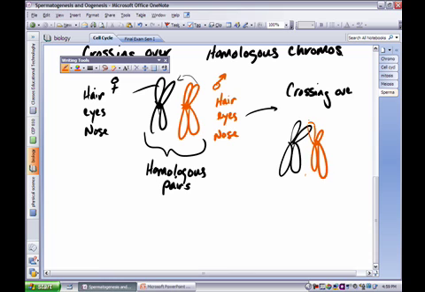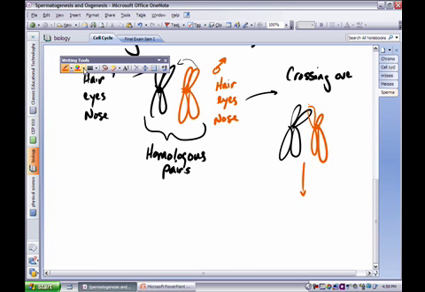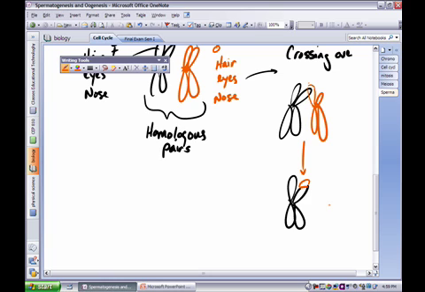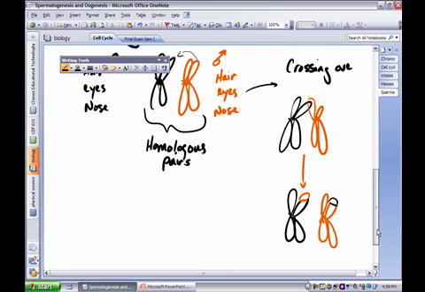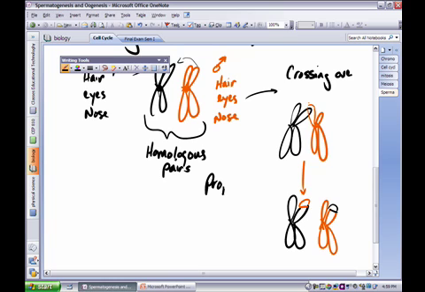And then those portions break off, they switch spots, such that you have a portion of the chromosome that is now orange here, and then the other portion of the chromosome which is now black. Something like this. And this is a significant part of prophase, crossing over, and it only occurs in prophase 1.